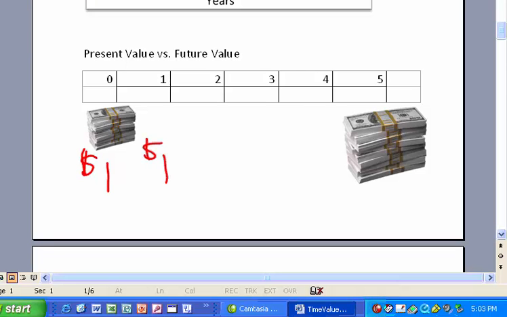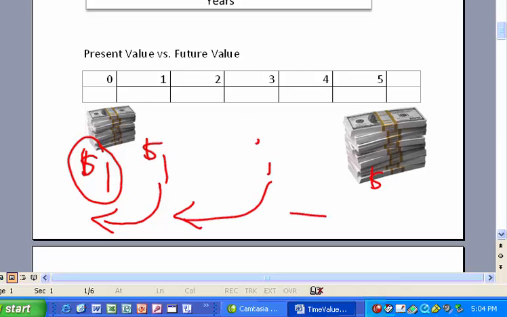And the answer is $1 today is worth $1, but $1 a year from now is actually worth less than $1 because we can put it into a bank account and let it draw interest. So if we have $1 3 years from now, that's worth even less, and $1 5 years from now is worth even less than that.